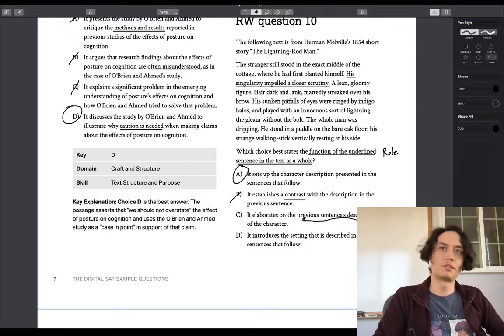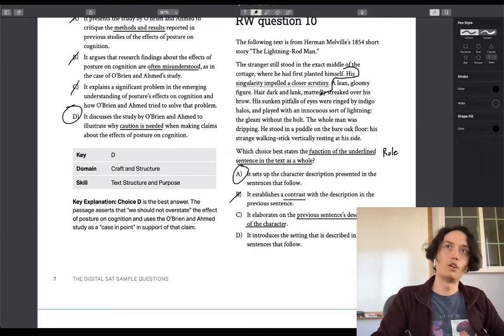Right, the previous sentence does not... no, it does. The stranger still stood in the exact middle of the cottage. I suppose the previous sentence doesn't really feature a description of a character. But the function of this underlined sentence is not a description of the character.